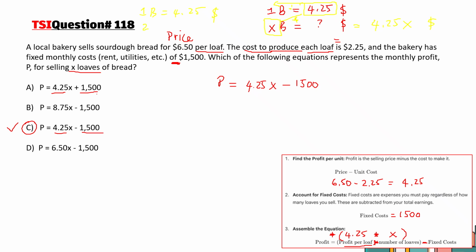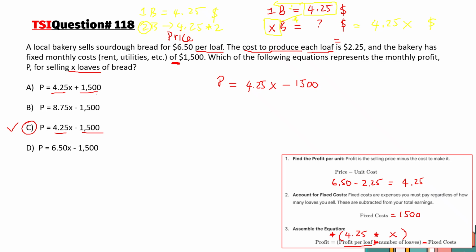The number of loaves I will sell will be multiplied by the profit per loaf, right? So this one will be 4.25 times 2. So if this is x, you multiply by that.